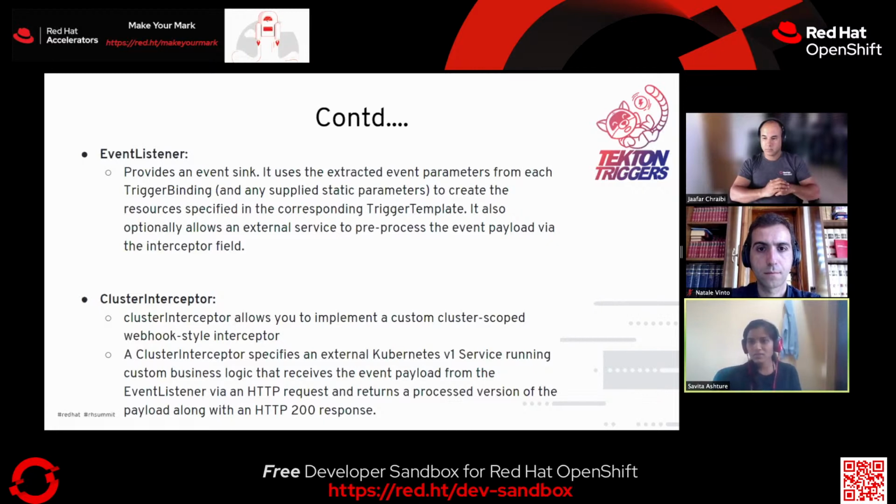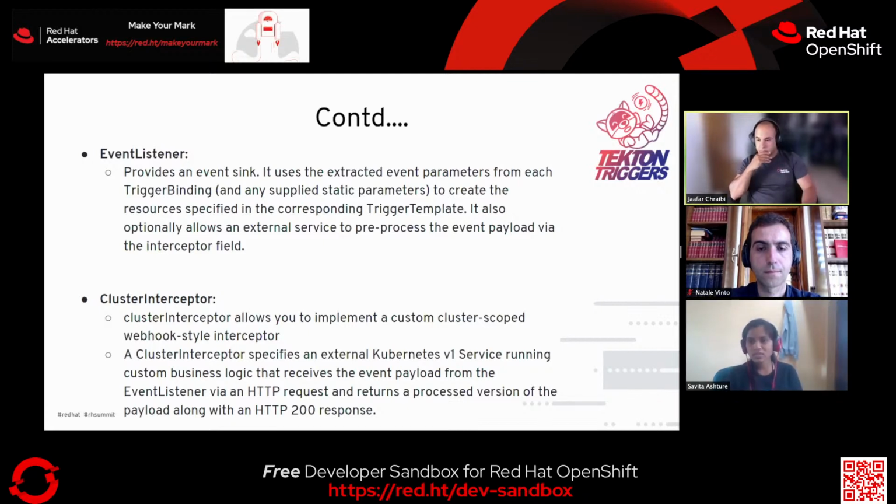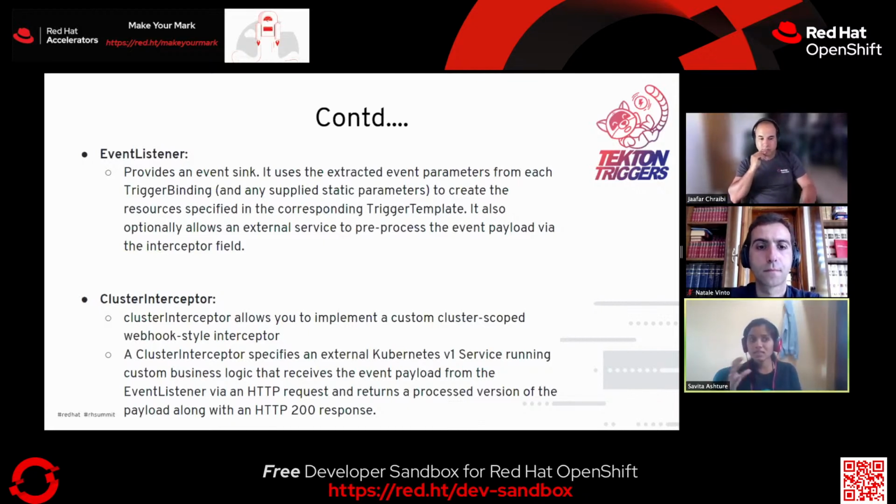It was not able to make use of the triggers in a dynamic way. So that's the main reason to introduce the cluster interceptor, so that it's kind of a plug-in, plug-out mechanism. Anyone can write their logic and plug it into Triggers and get the benefit of this eventing mechanism. That's really cool.